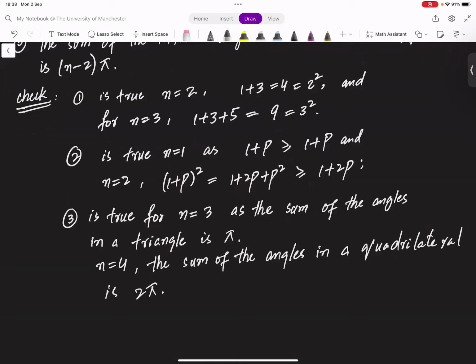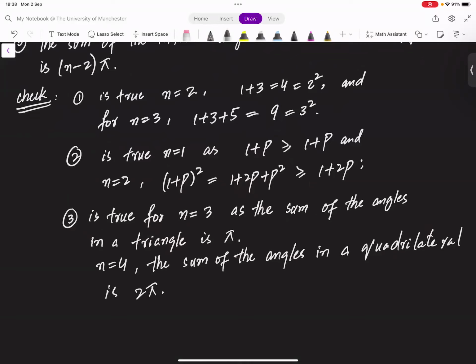Now, but how do we go about trying to prove the truth of these statements for all the values of n? That's where we need induction. The answer is that we use the following basic principles.